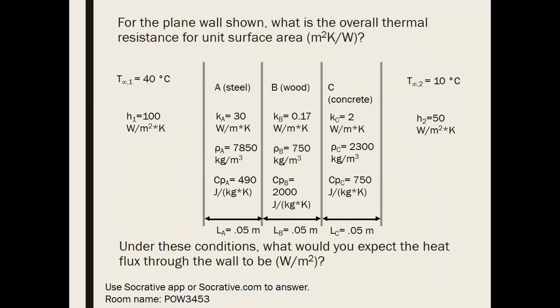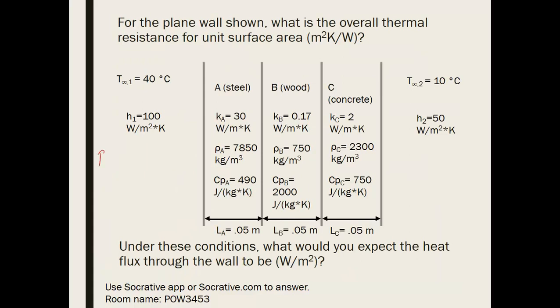All right, here's another interactive problem. You can just do this on your own. For the plane wall shown, what is the overall thermal resistance for unit surface area? The way to solve this is to take all the different thermal resistances and add them up.